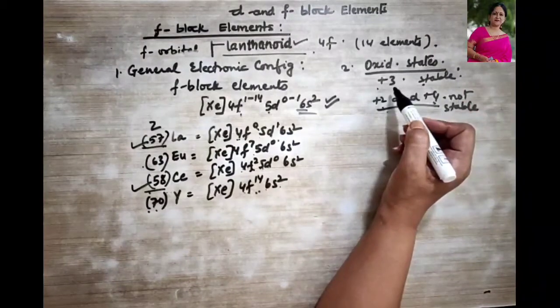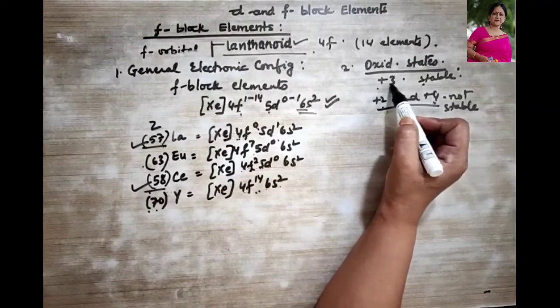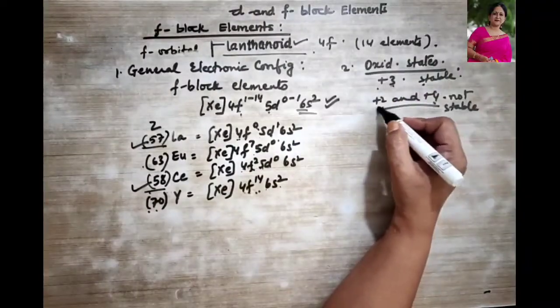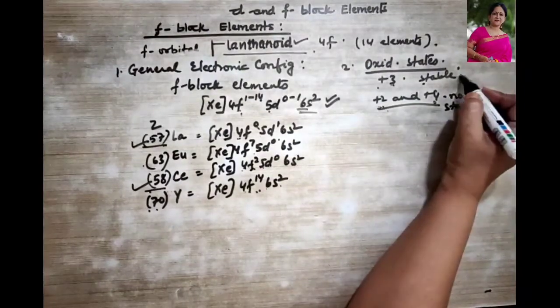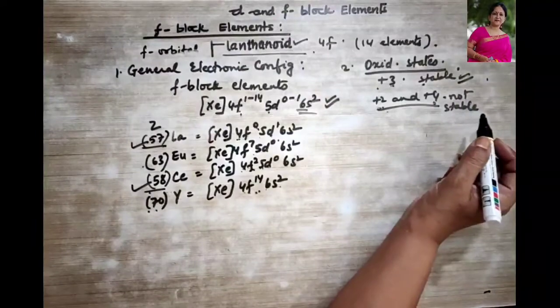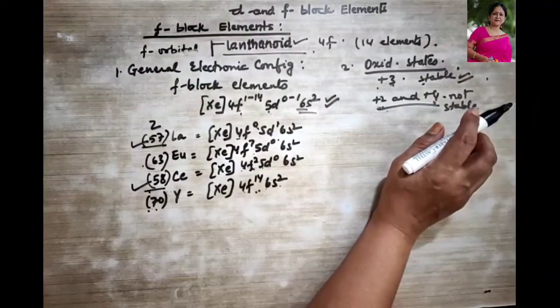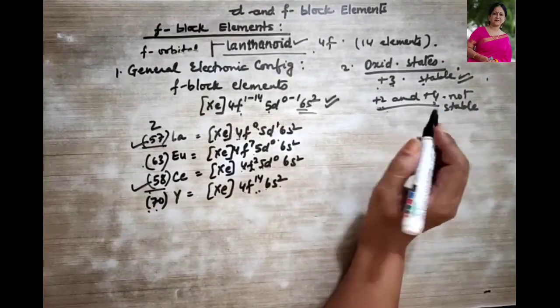Because the sum of the ionization and the lattice energies of this tripositive ion is more negative as compared to +2 and +4 ions, right? So the main oxidation state of lanthanoids is +3. Clear? Then we next come to atomic and ionic radii.